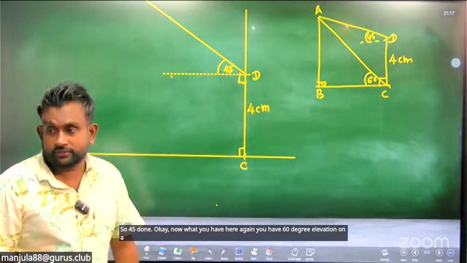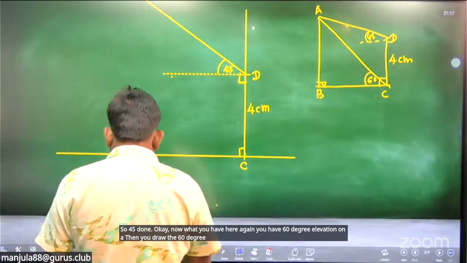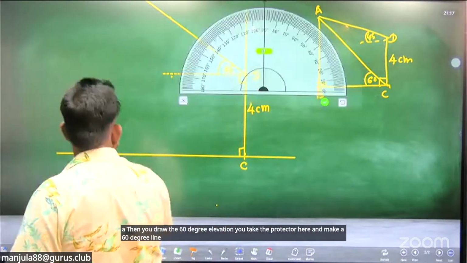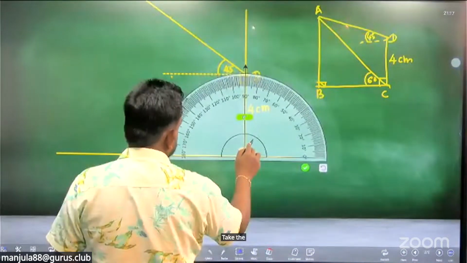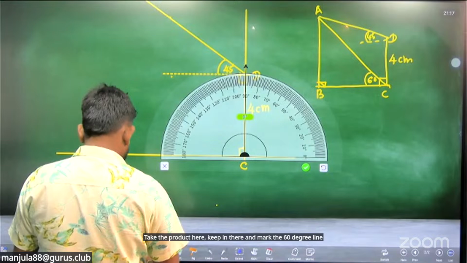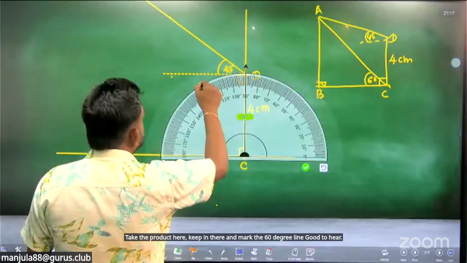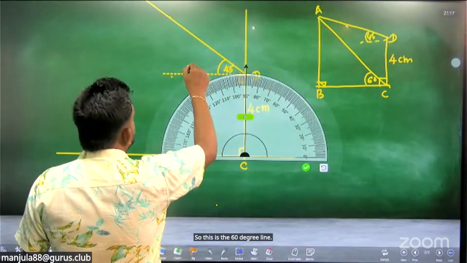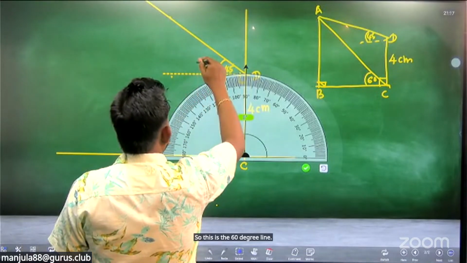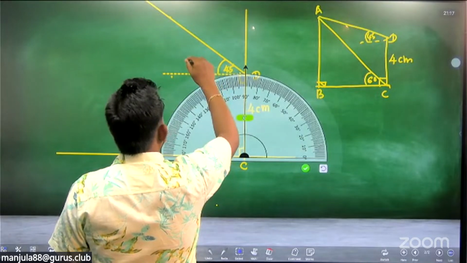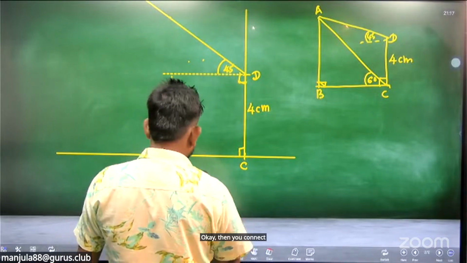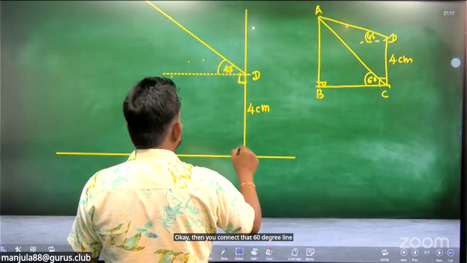Now you have a 60-degree elevation on A. Then you draw the 60-degree elevation. You take the protractor here, keep it there and mark the 60-degree line from here to here. So this is the 60-degree line. Then you connect that 60-degree line with here.